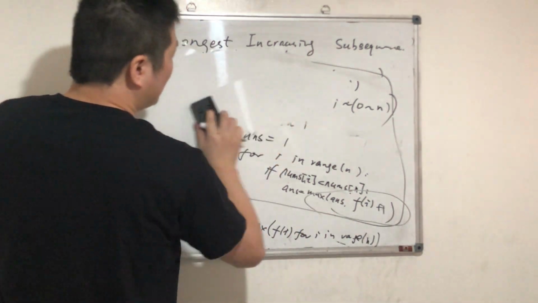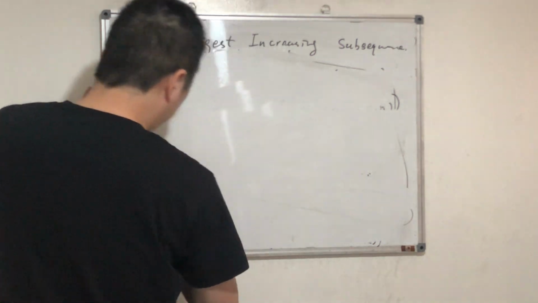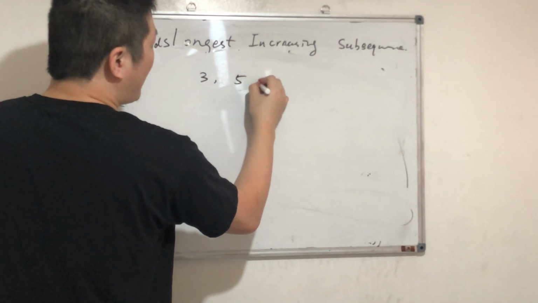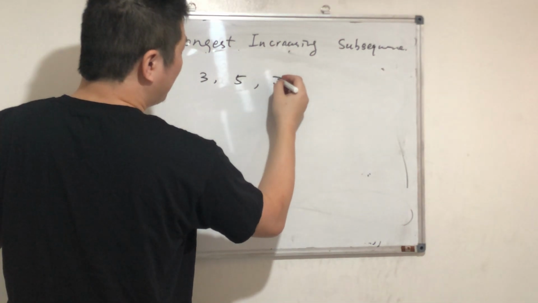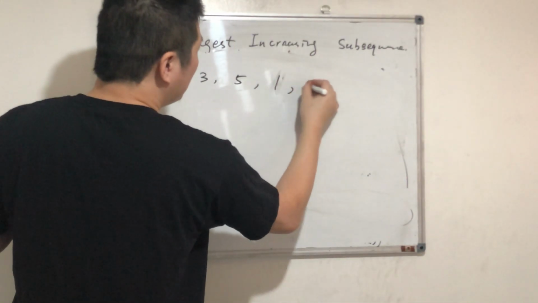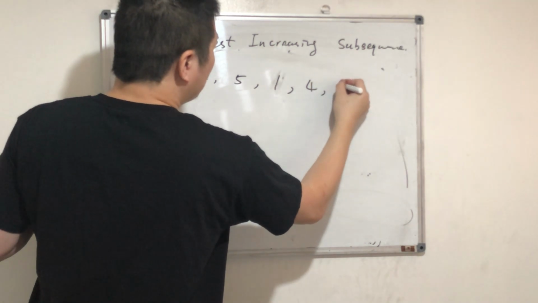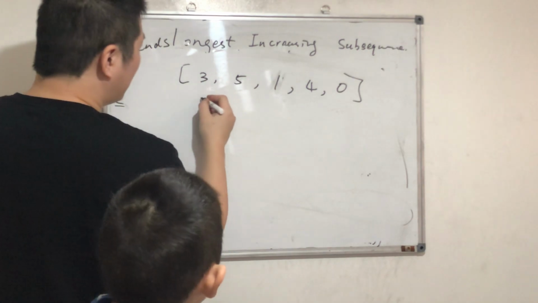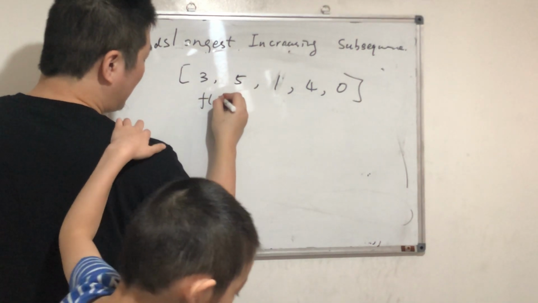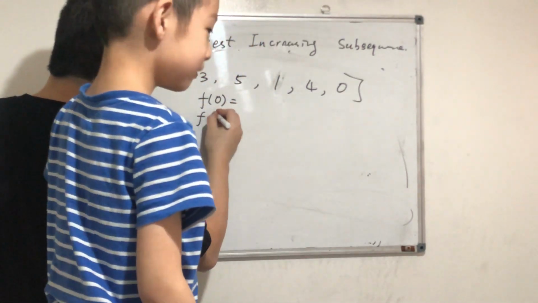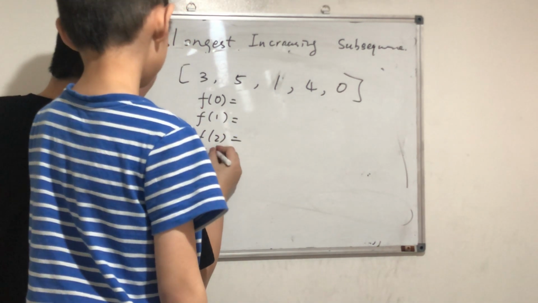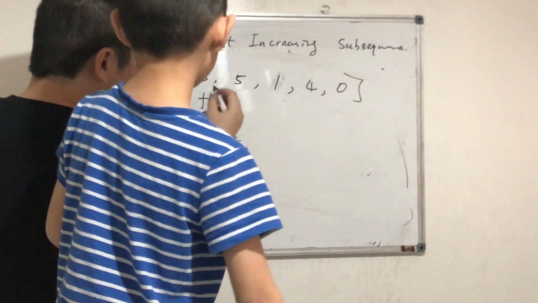Okay, so look, I'm writing another sequence: 3, 5, 7, maybe 3, 5, 1, 4. It's been 28 minutes. Okay, can you write the f values? F0, F1, F2, F3, F4, and F5.